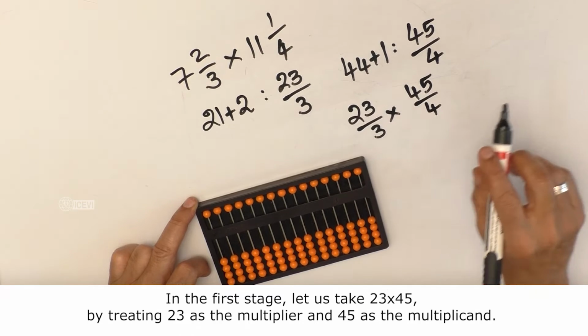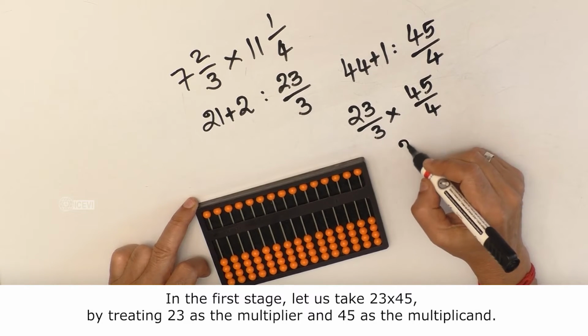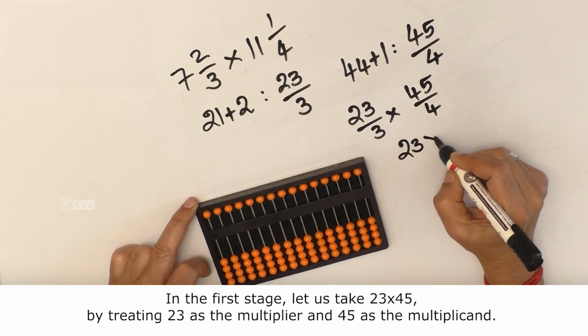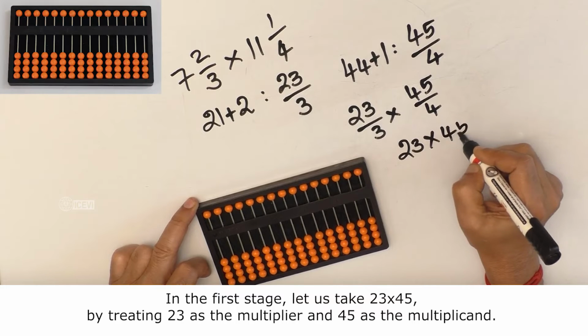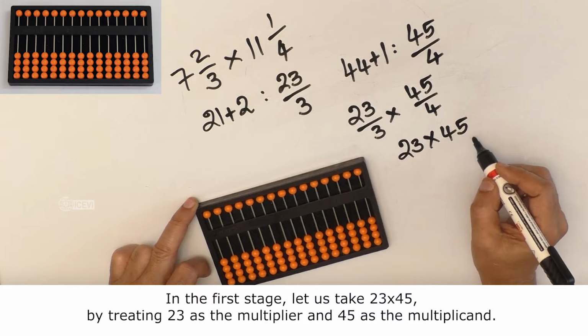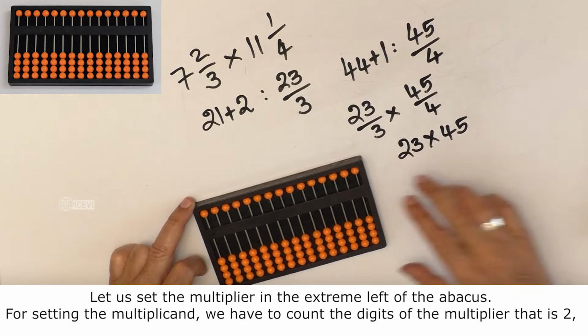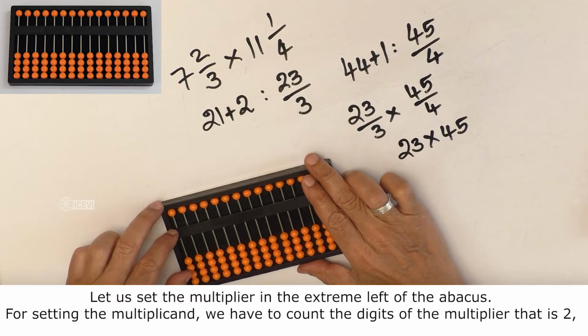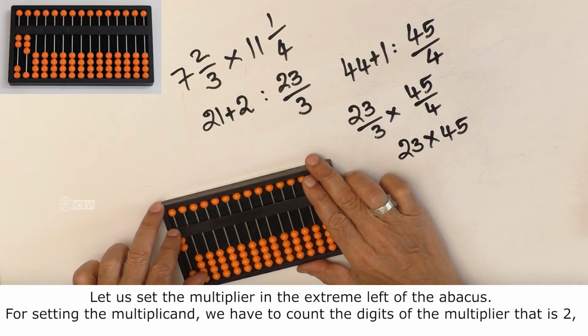Now in the first stage, let us take 23 multiplied by 45 by treating 23 as the multiplier and 45 as the multiplicand. Let us set the multiplier in the extreme left of the abacus.